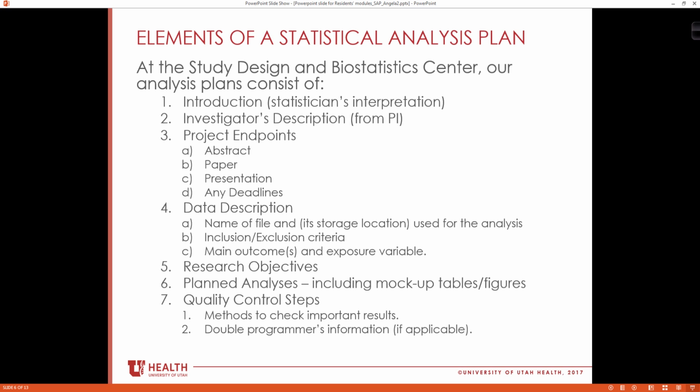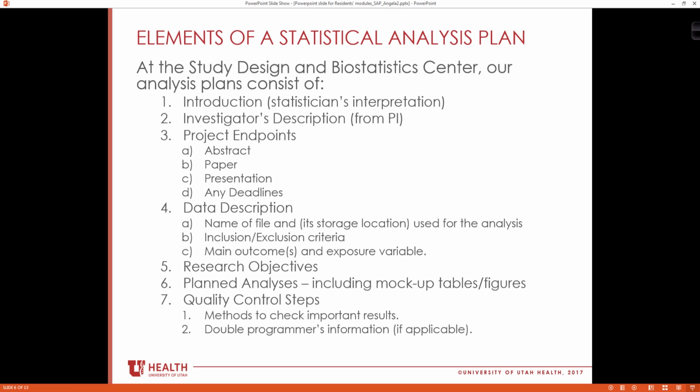There's an investigator's description from the PI that typically is just pulled from the project request form that they've submitted. And then there's a project endpoint section. Is the purpose of these analyses for an abstract or a paper or presentation? Also, are there any deadlines that are associated with this project?